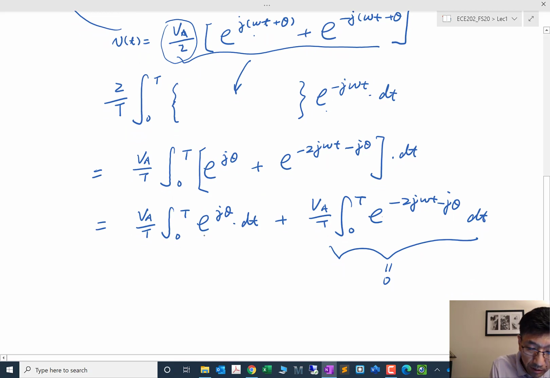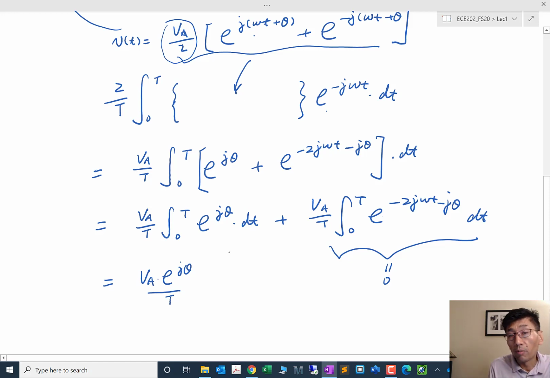The first term here is e to the j theta. This theta is constant, so we can factor this out. So we have VA times e to the j theta over T, and what is left as the integrand is 1.